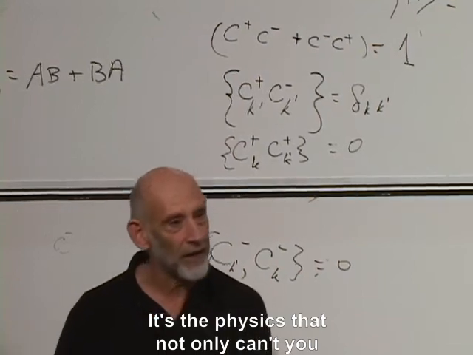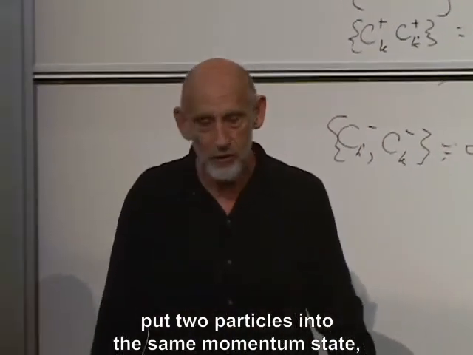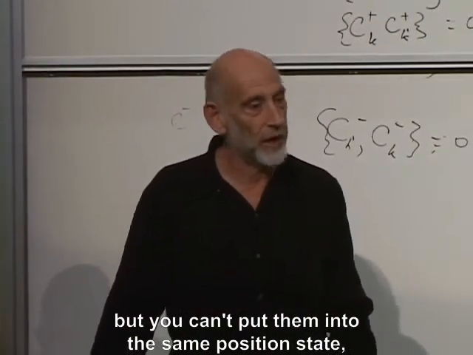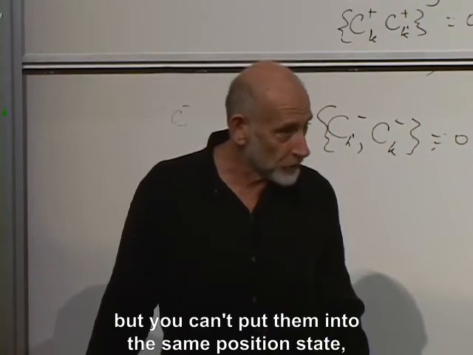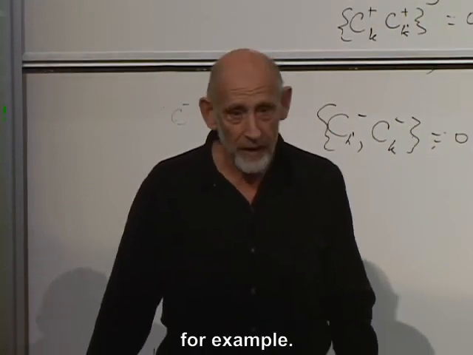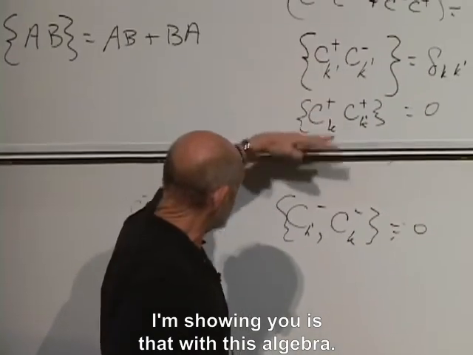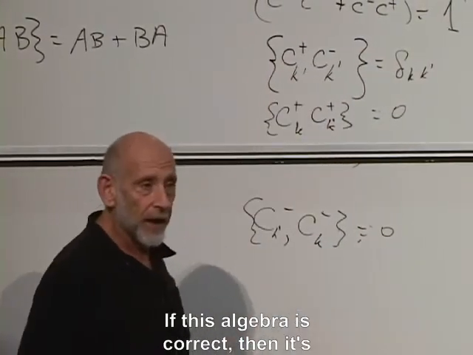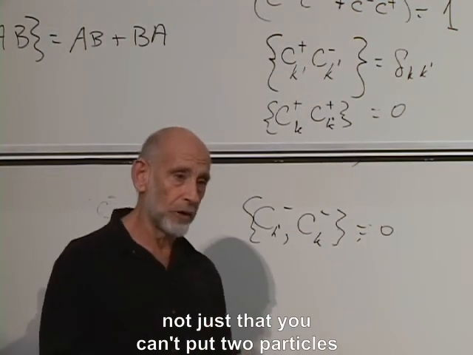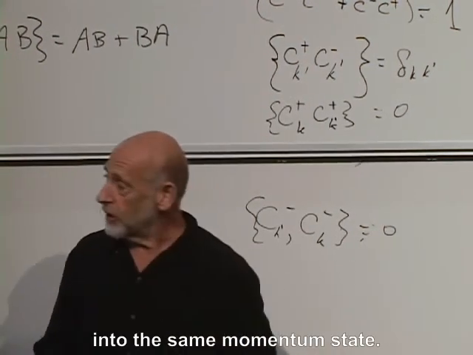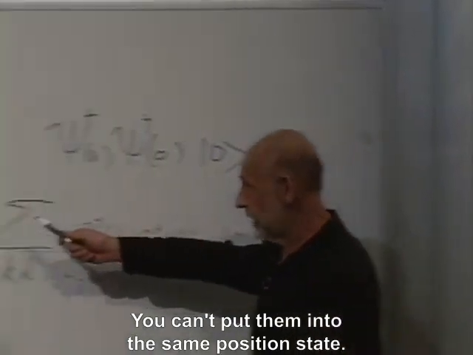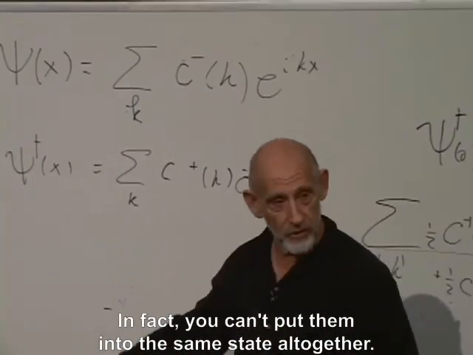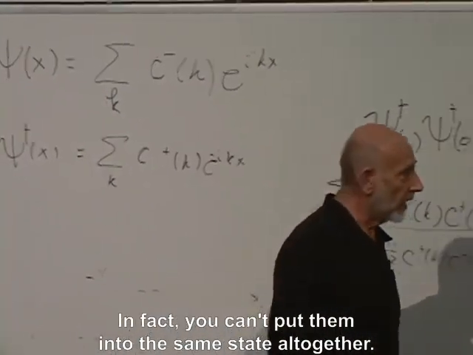It's the physics that not only can't you put two particles into the same momentum state, but you can't put them into the same position state, for example. What I'm showing you is that with this algebra, if this algebra is correct, then it's not just that you can't put two particles into the same momentum state, you can't put them into the same position state. In fact, you can't put them into the same state altogether.